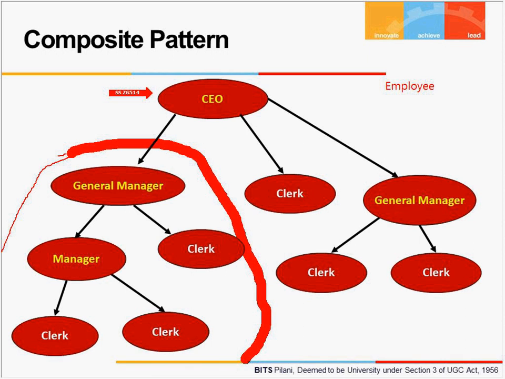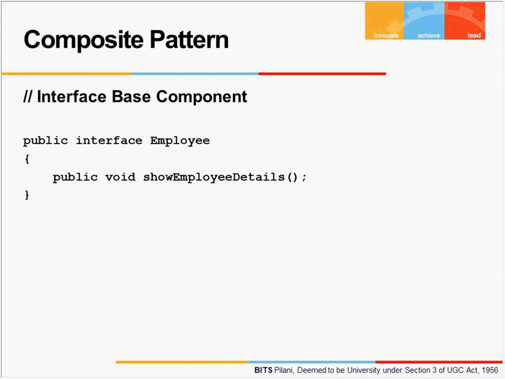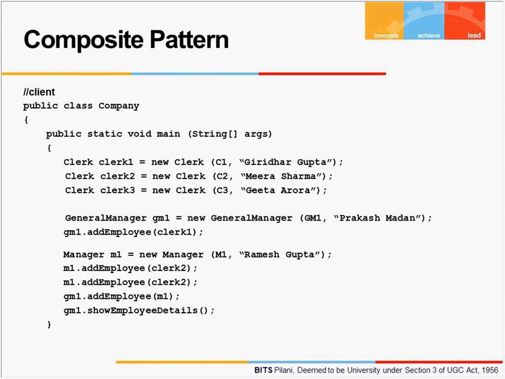Let's see what the client participant is doing. Okay. The client is creating three atomic objects, which are clerks, right? Then the General Manager. Remember, the General Manager had a manager inside it and a clerk who has a personal assistant. So to this General Manager, I add clerk 1, an employee.